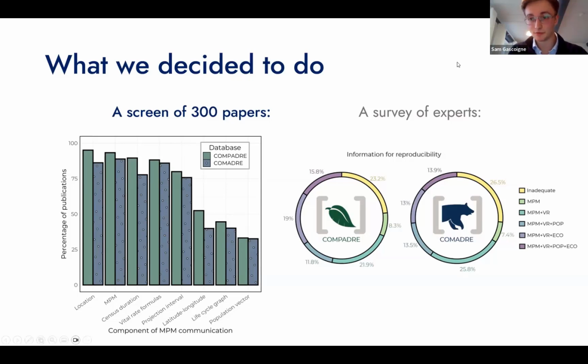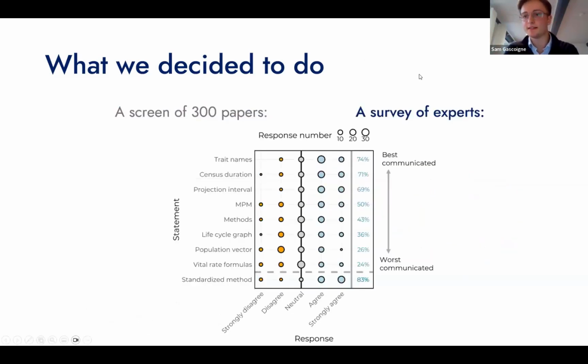Admittedly, this was quite eye-opening, because it means that what we were seeing on the front lines of getting and digitizing papers is actually also what is currently in the databases. The second way that we did this is we reached out to experts in structured demography. These are all experts that have published papers as corresponding or first authors using data where they've constructed matrix population models.